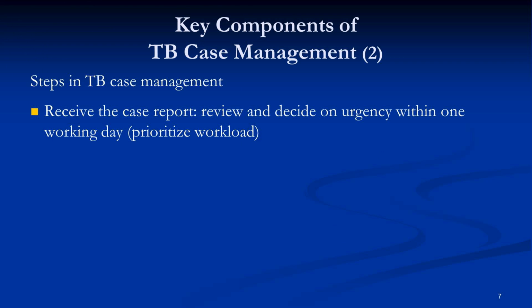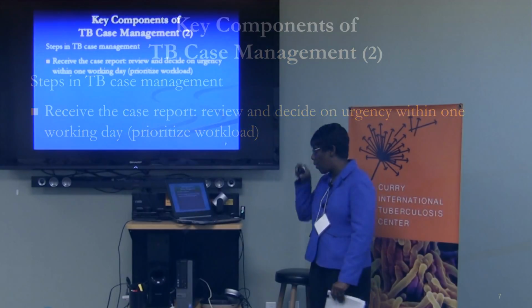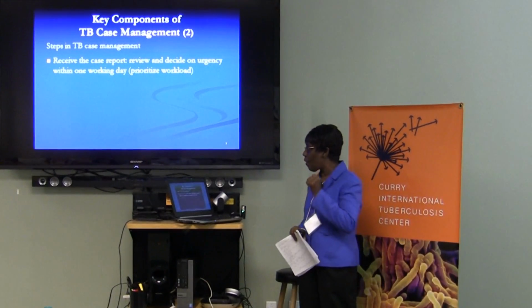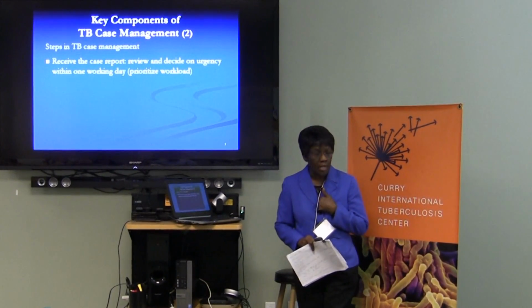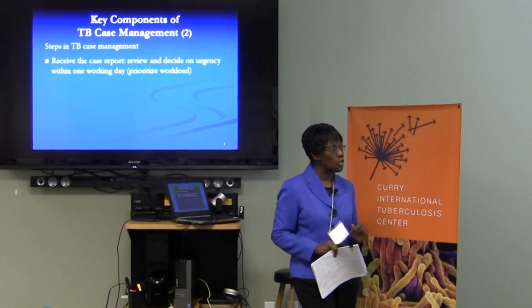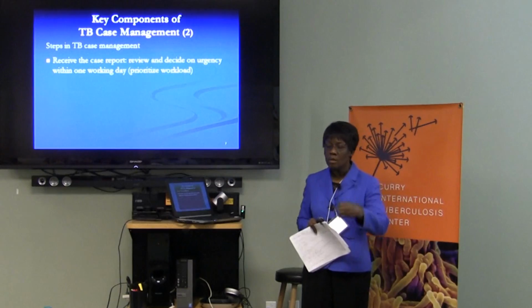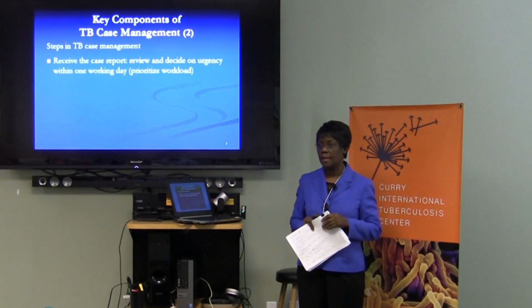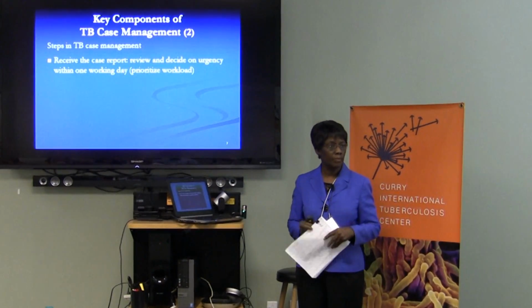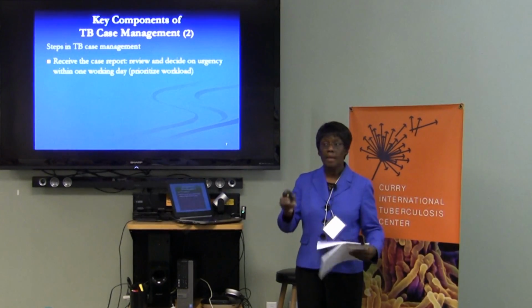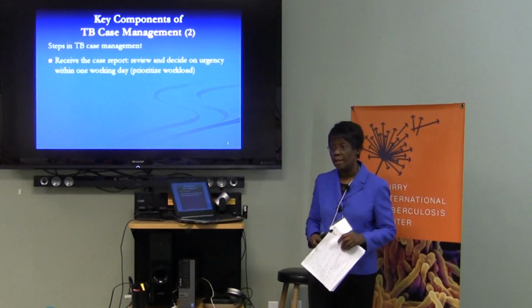All right, some real practical steps. Of course, you get that report. We talked about timely reporting, and you're going to decide the urgency of this referral. So what are some of the variables you should be looking at to determine how quickly you should act on this referral you just got? What are some of the things for urgency? Infectiousness, and how are you measuring that?